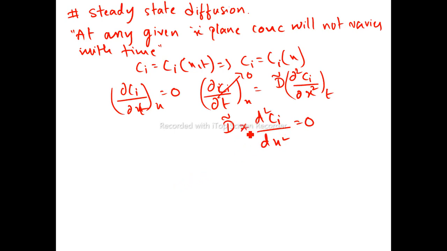Then integrating this one, we can get dci by dx equal to b value, and again integrating on both sides, ci equal to bx plus a.